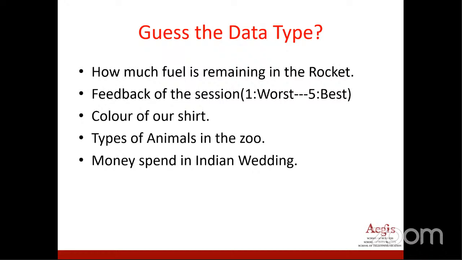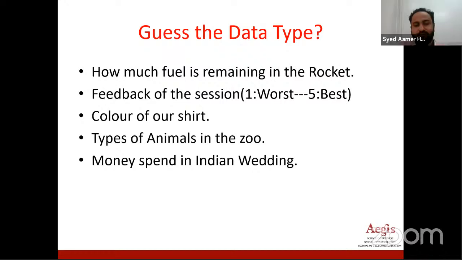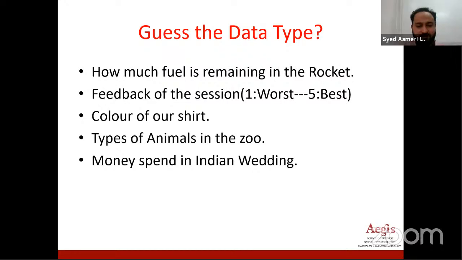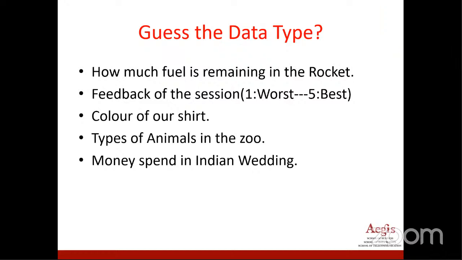Ordinal. Very nice. Color of our shirt? Can be anything, right? It has to be categorical. Types of animals in the zoo? Again, categorical. Money spent in an Indian wedding? It's infinite, right? It's again continuous. Yeah, very nice. So continuous values we have.